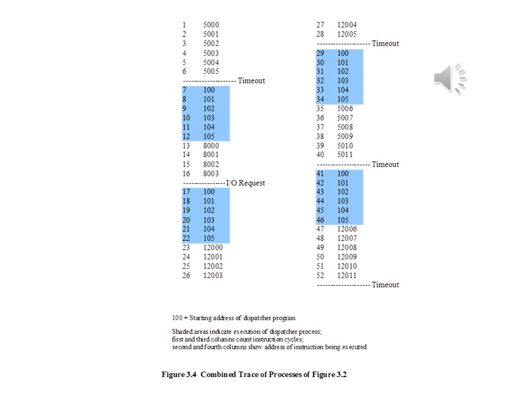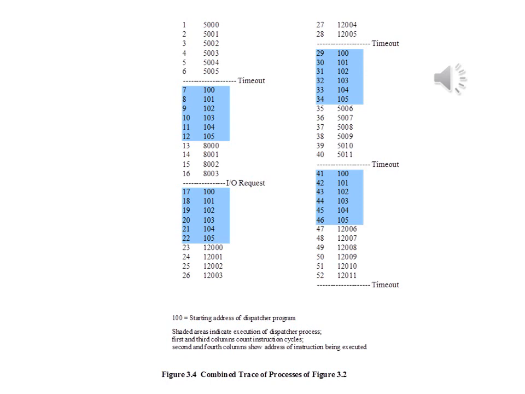As the figure shows, the first 6 instructions of process A are executed, followed by a timeout and the execution of some code in the dispatcher, which executes 6 instructions before turning control to process B. After 4 instructions are executed, process B requests an input-output action for which it must wait.